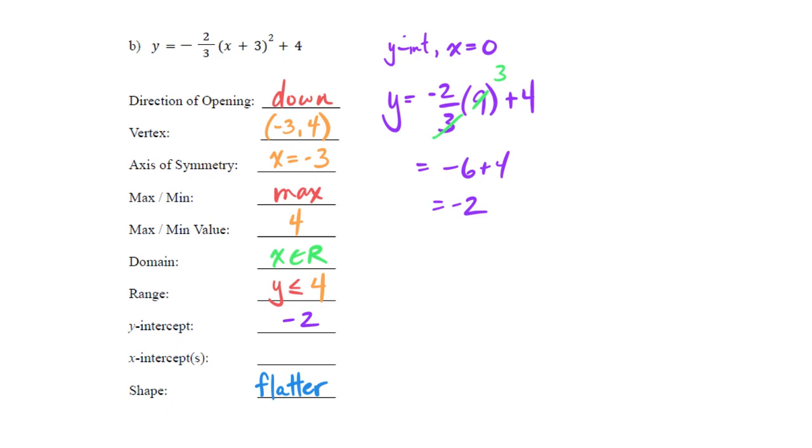Okay, before I go to look for my x-intercepts, I start to picture my graph. My vertex is up here, opening down. Yes, my parabola should cross the x-axis, so I'm going to find it algebraically.